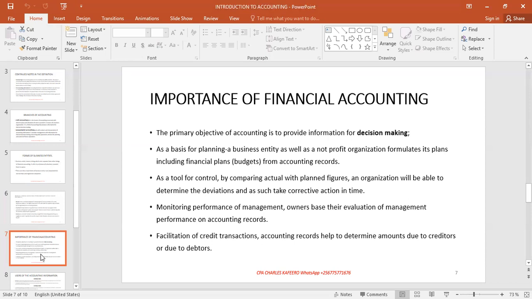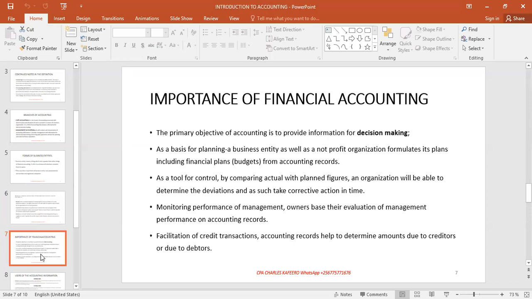When you make a forecast, you will compare that forecast with what actually happened, because you may say, let's say I'm estimating to produce 10,000 units, but at the end of the accounting period, you find that you have produced, let's say, 9,000 units, or you had planned for 10,000 units and you have produced 12,000 units.